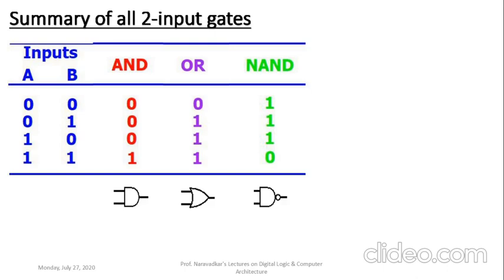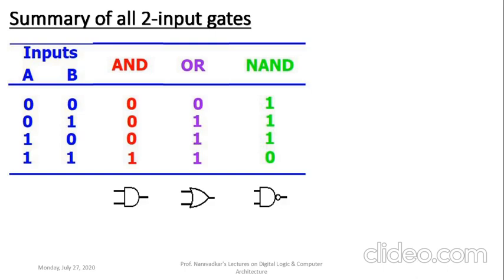It means that for the input combinations 0 0, 0 1, 1 0, the output of AND gate is 0, so output of NAND gate will be 1. Then for the last input combination 1 1, output of AND gate is 1, so output of NAND gate is 0.